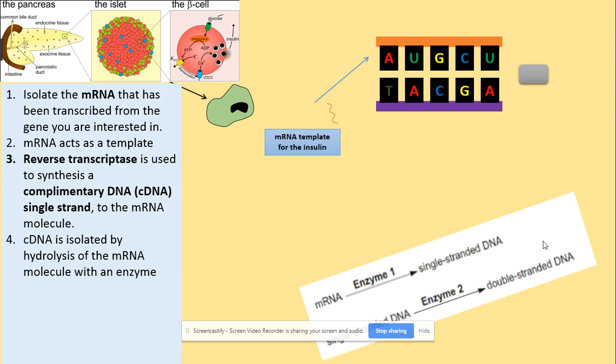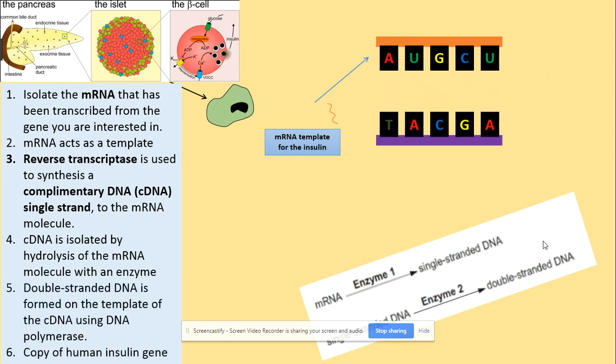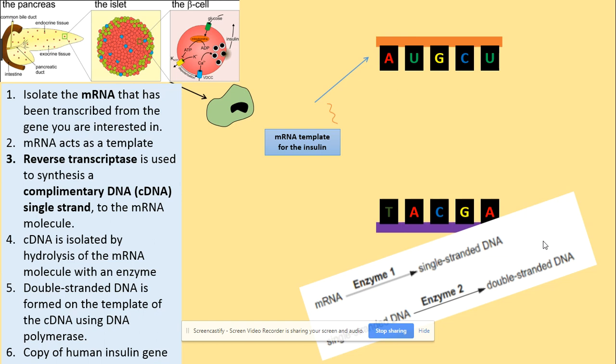The cDNA is then isolated by hydrolysis from mRNA. Okay, so that's the single-stranded DNA. So another enzyme that we've mentioned before, DNA polymerase, now comes along and produces a double-stranded DNA. So this is now a DNA, a gene, which codes for the insulin. Right, so that's the whole process.